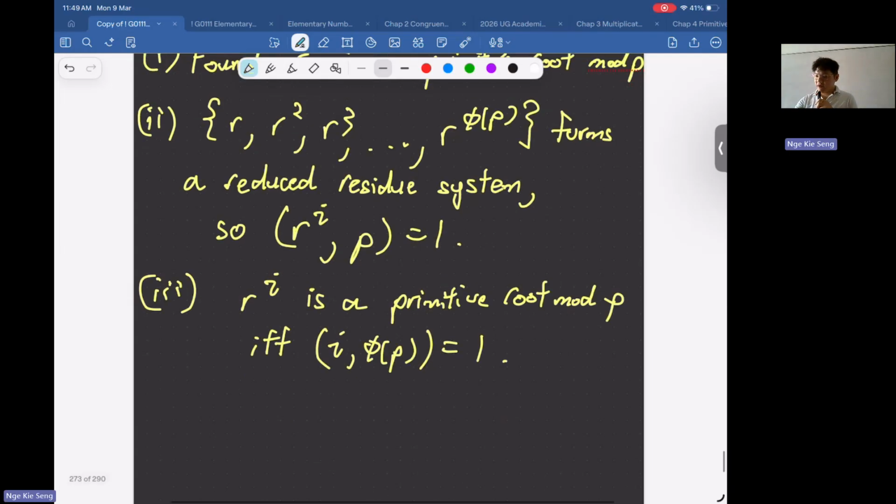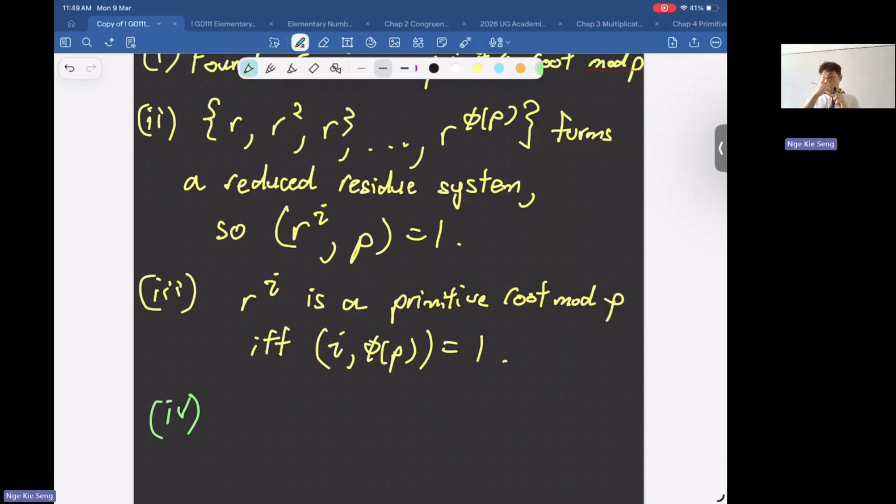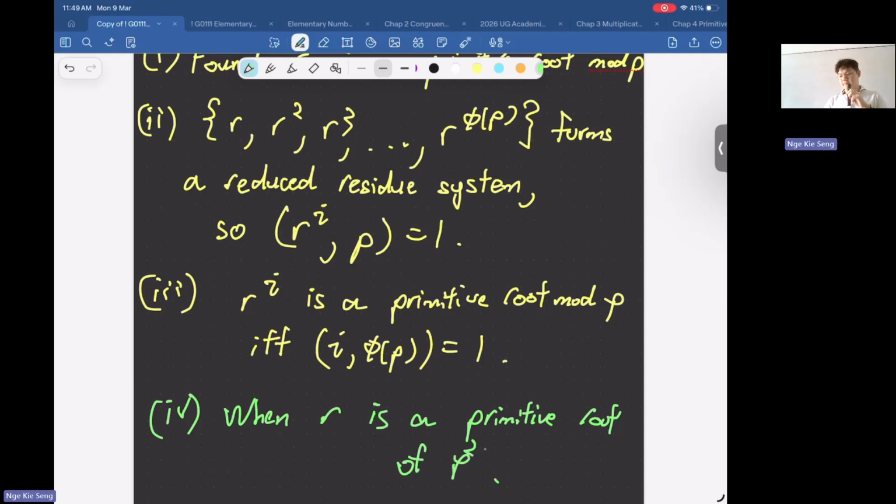Okay, and then now we go to the next step. We want to ask whether R is a primitive root of P squared. Okay, so this is the next step after what we did just now, for P squared. Does it make sense? So can we go from a primitive root mod P to a primitive root mod P squared?